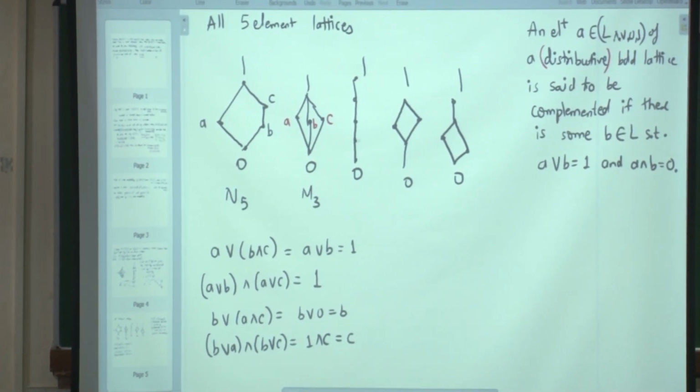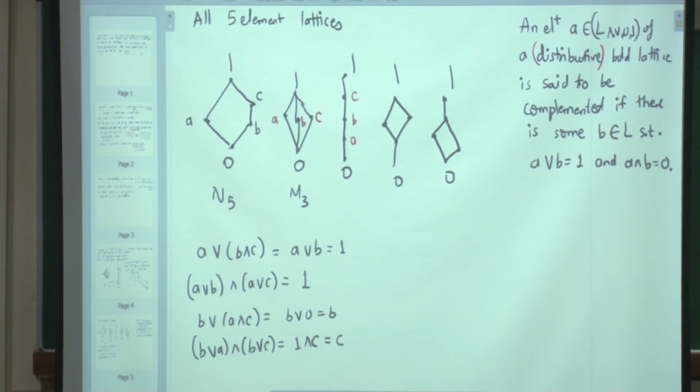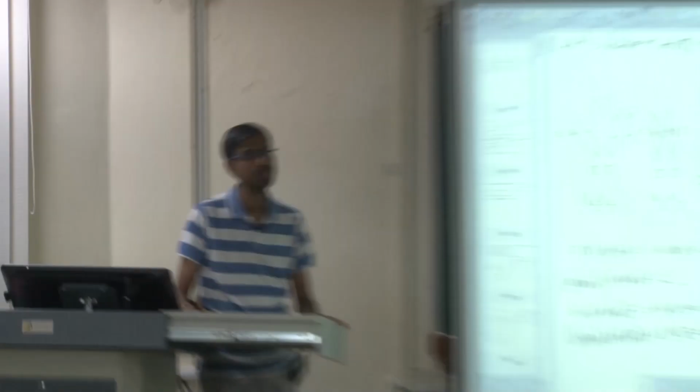In a chain, let me call them A, B, C. What is the complement of A? Does not exist. Yes, a chain can never have complements apart from the minimum and maximum elements. What about the kite?